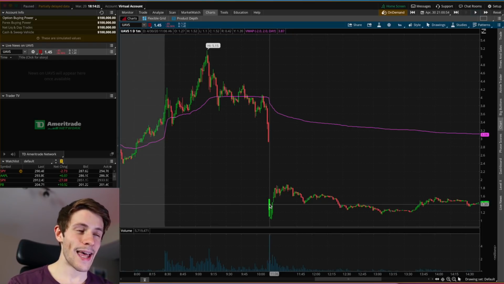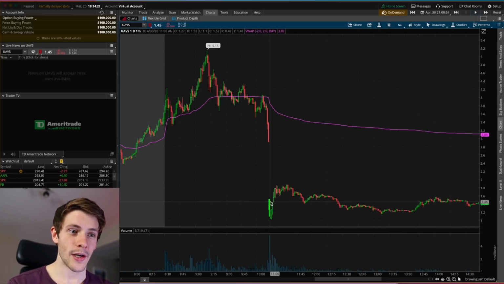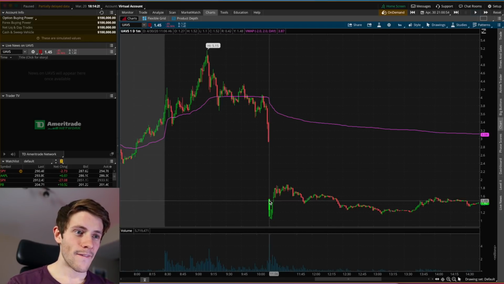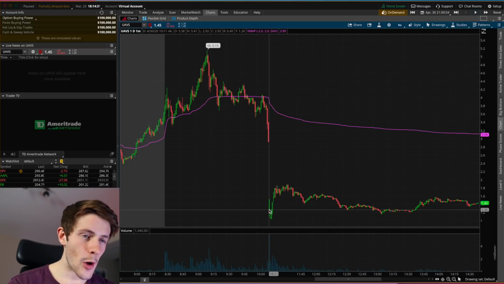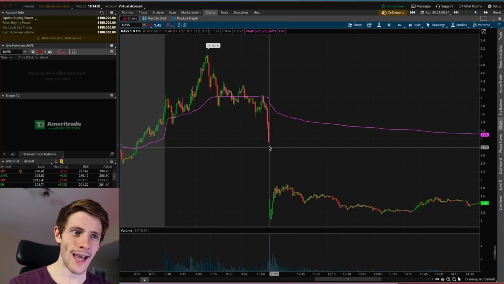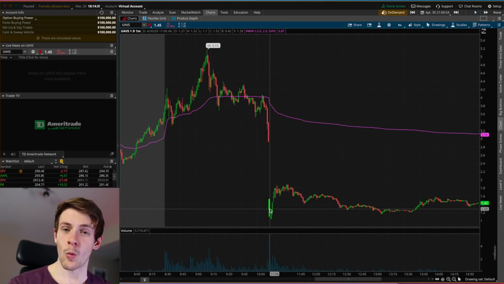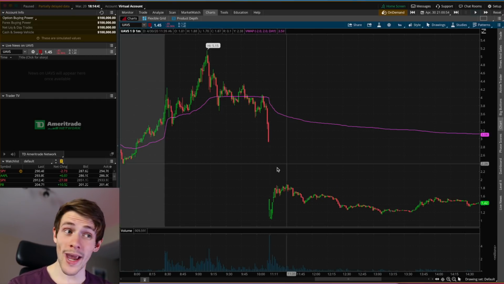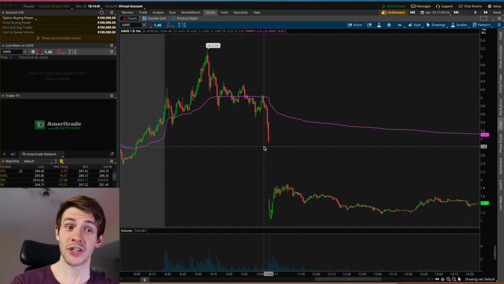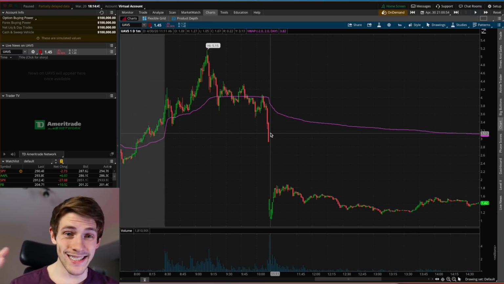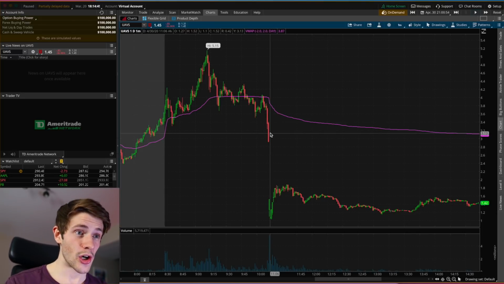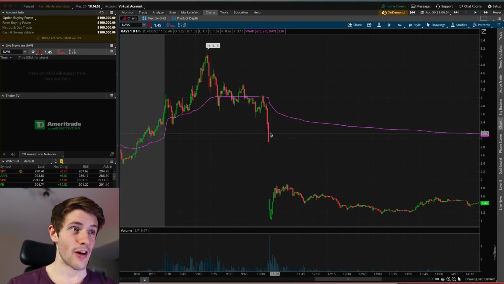It reopens at 11:06 a.m., just under an hour later, and it reopens down here at 1.27. So it down halts at 2.90 and reopens at 1.27 because it was halted for an hour. So this is the type of crazy, scary loss situation you could be stuck in if you get stuck in a halt that lasts longer than your typical time frame.